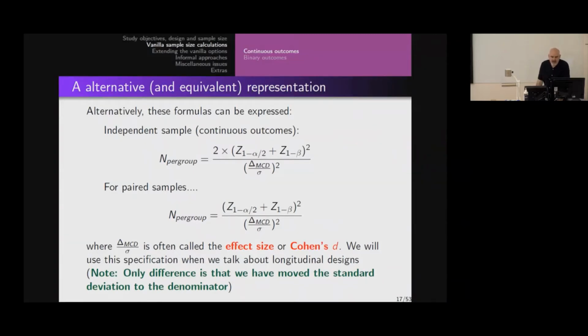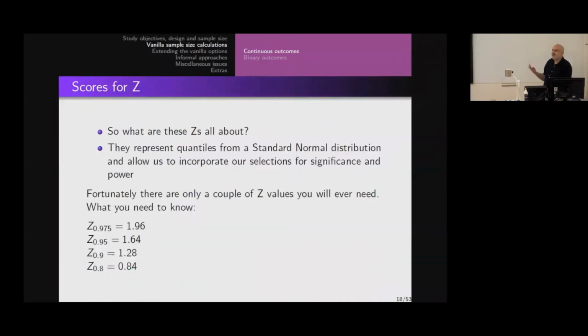So they are a way of bringing our significance level and our power level into the calculation. The good news is that there's only 4 numbers. It's really just quantiles from the standard normal distribution, and there's an infinite number of them, but there's only about 4 you will ever need, and 2 of those are much more common.